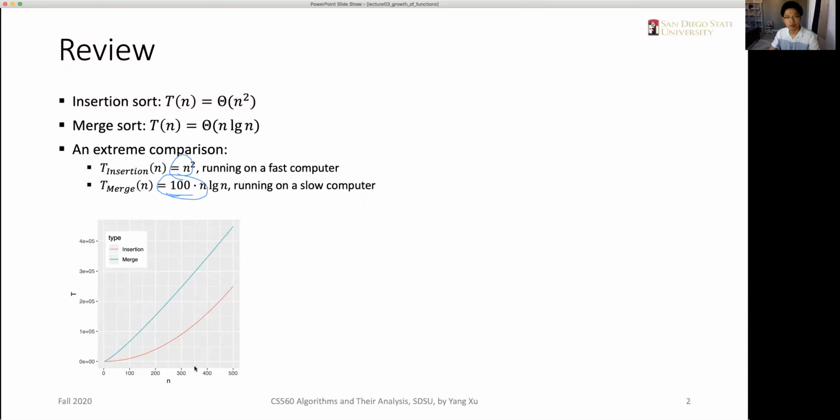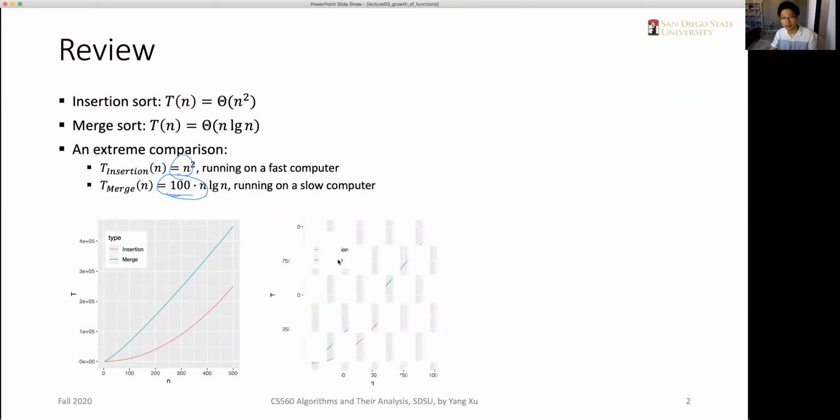As we see in this first plot, when n is smaller than 500, the running time of merge sort is always greater than the running time of insertion sort, which means merge sort is slower. This is not an ideal case for merge sort because it is running on a very slow computer, which is basically why merge sort doesn't perform better than insertion sort.